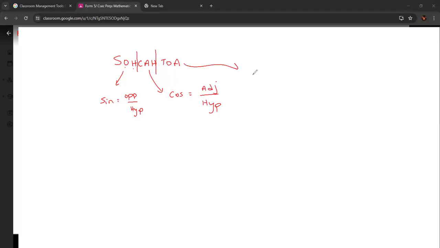TOA, tan is equal to opposite over adjacent. So basically, SOHCAHTOA is used for us to remember the formula to find each of sine, cosine, and tangent. And what you have to recall, it's always sine of the angle, cos of the angle, tan of the angle.